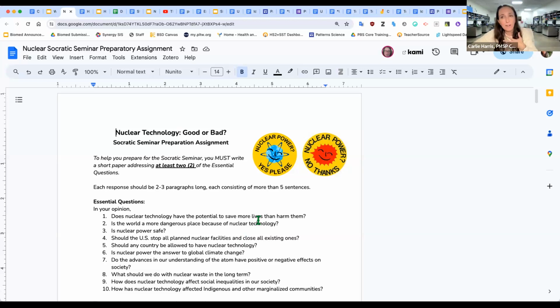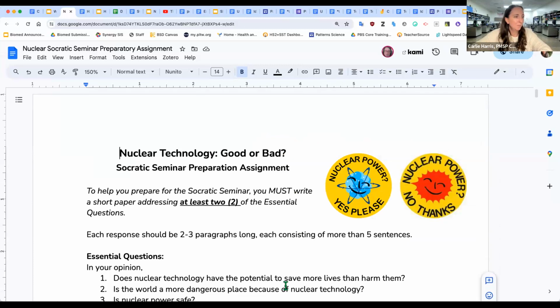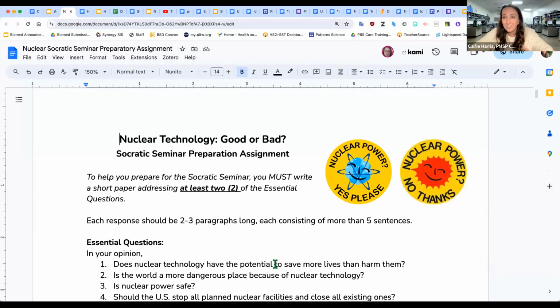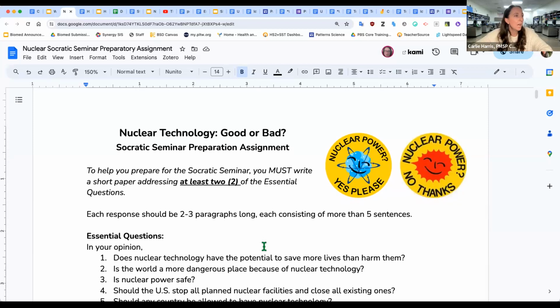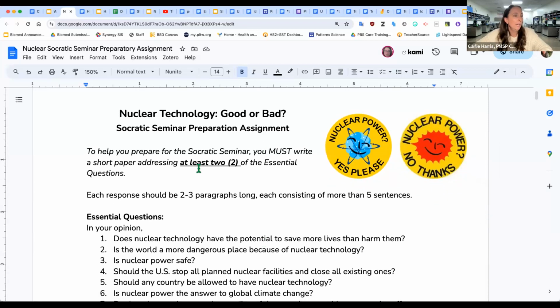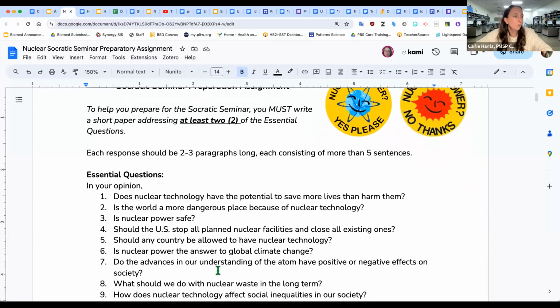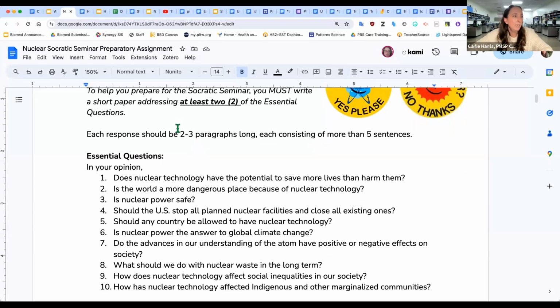And then I have a writing assignment for my students. I'm really big about technical writing, so I try to encourage students to get as much practice as possible. But I ask my students to pick 2 of these essential questions, and each response for each essential question can be 2 to 3 paragraphs.